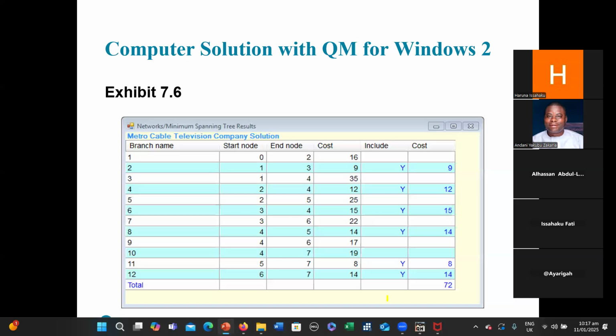Now, if you look at Exhibit 7.6, it shows you how you can solve the minimum spanning tree problem.